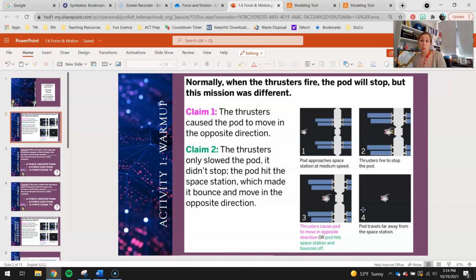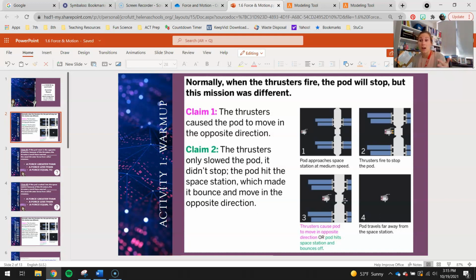That's how a normal mission goes. Keep that in mind: it's moving in at a medium speed, the thrusters fire at a medium force in the opposite direction, and that causes our pod to stop, allows it to dock with the space station, and then it can drop off its asteroid collection samples. Every other time these missions have run, that's the typical scenario you see when those little pods come in.